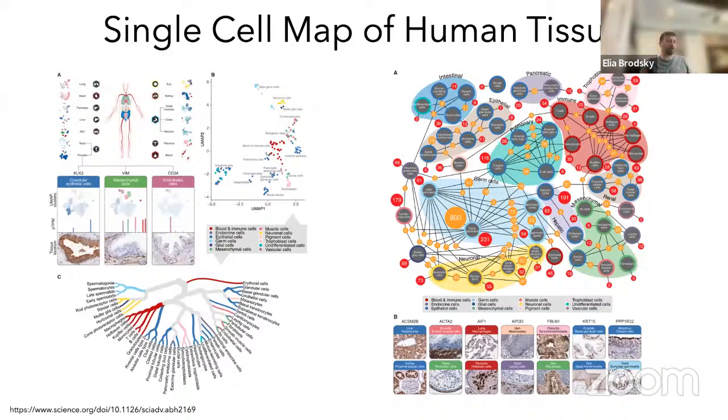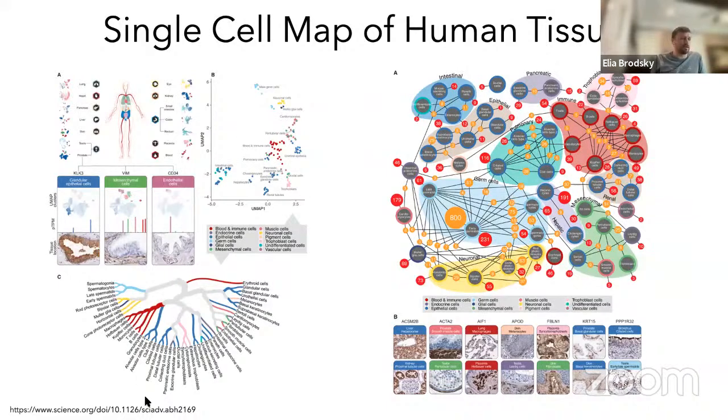There is a lot more data already that exists on bulk RNA-seq, and in this case, we would like to take these single cell data and increase the specificity or the detail of this bulk RNA data.